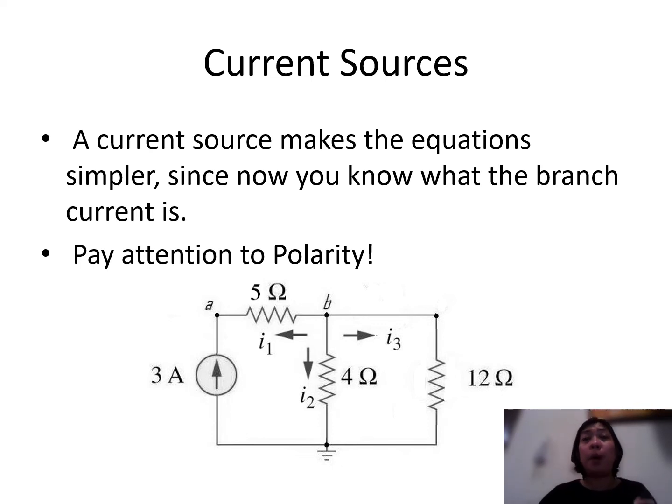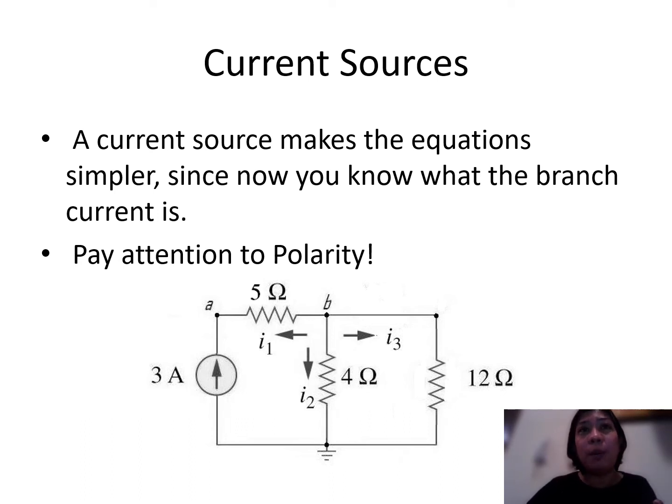In here, this is very simple because as you can see, I1 and your 3 amperes here, your 3 amperes will be flowing across your 5 ohm resistor, which happens to be where your current I1 also flows. So what can we conclude here?